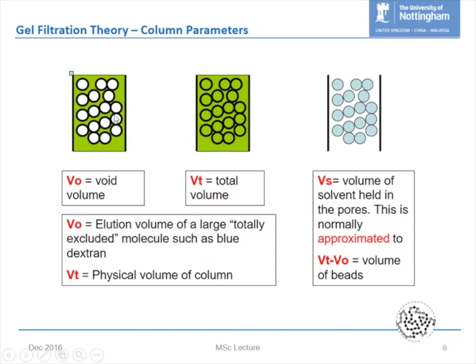So firstly, what we've got in this representation here, we've got the void volume. So this is the interstitial volume, not including the particles. Then we've got a total volume for the system. So is it represented there? That's the volume that's inside the particles and in the interstitial region. And then we've got this term Vs, which is actually the volume of the liquid that's actually held in the particle itself.